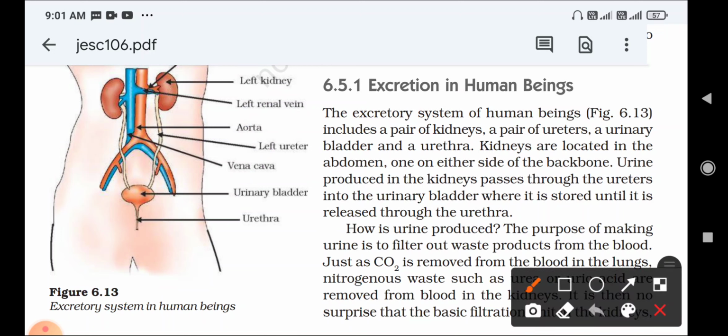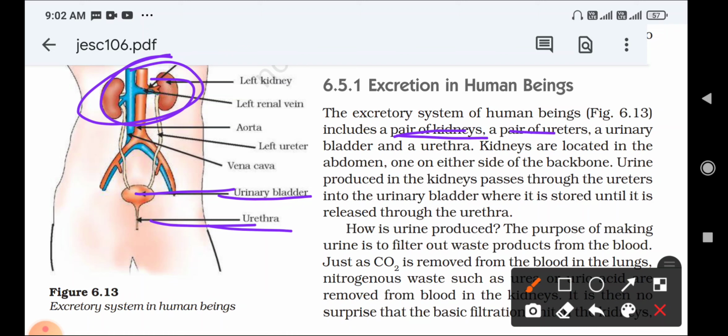What are the parts of the excretory system? You can write: a pair of kidneys, a pair of ureters, the urinary bladder, and the urethra.